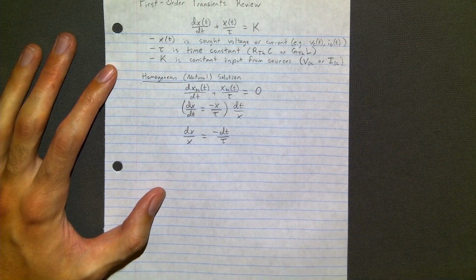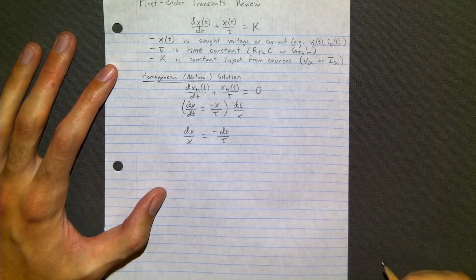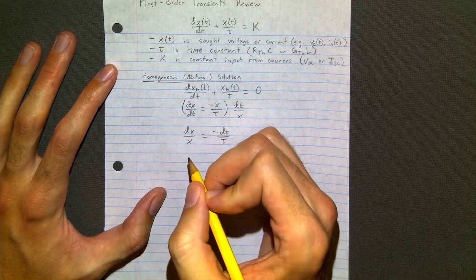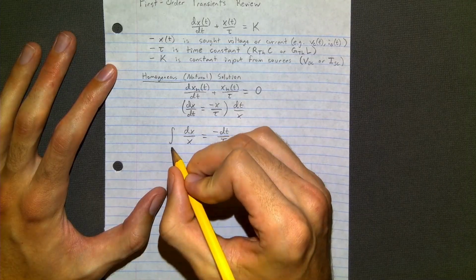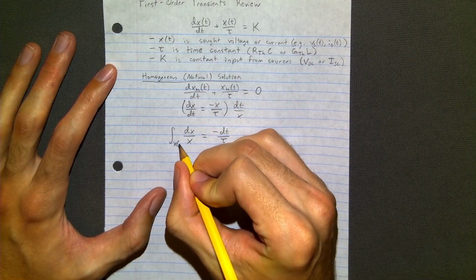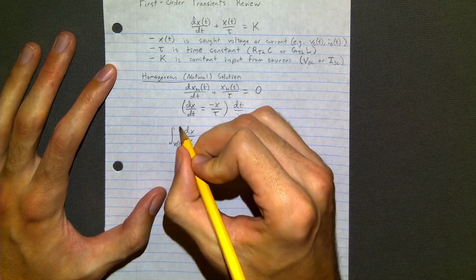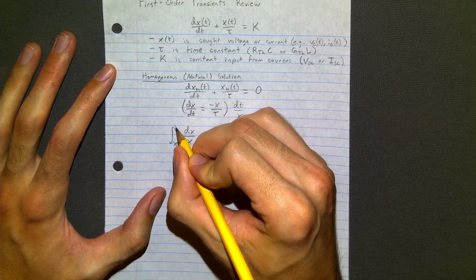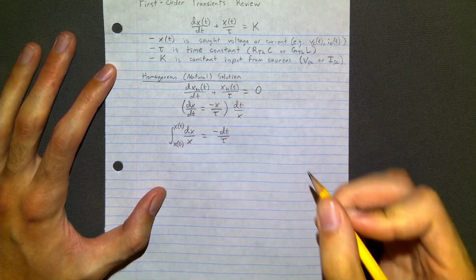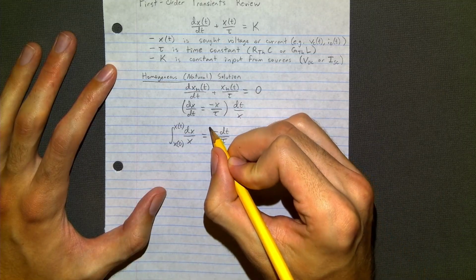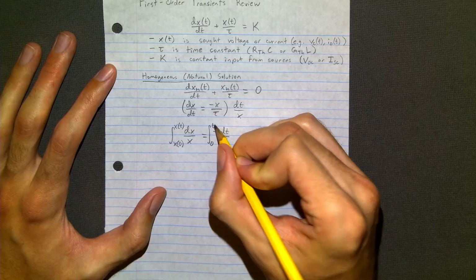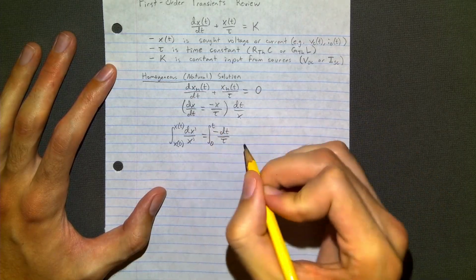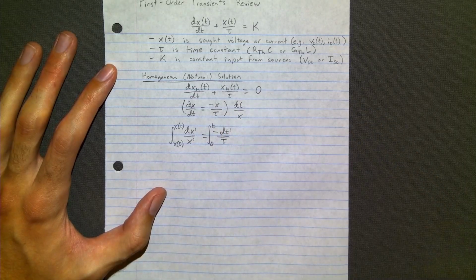And now we can integrate from x of 0 to x of t on this side, and from 0 to t on this side, and we'll change these to be dummy variables for integration.